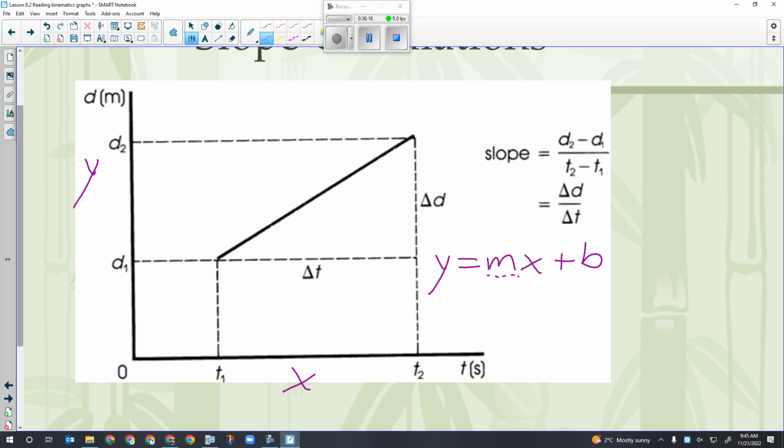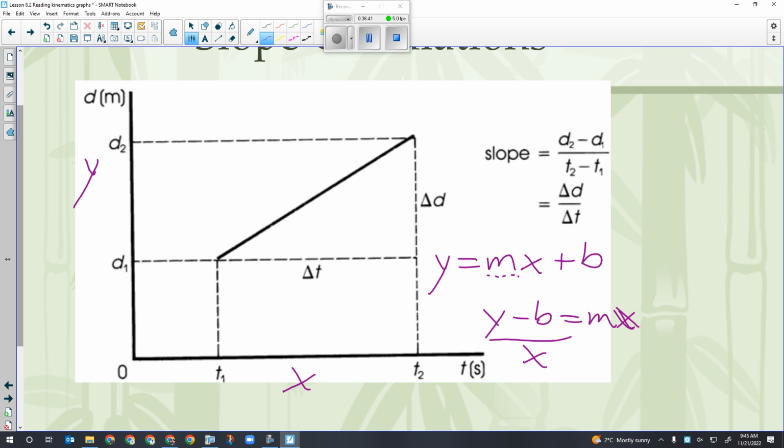If I want to solve for m, what do I do with b? Subtract it. Okay, and I want to get m by itself, so what do we do with x? Divide it. Okay, so now I'm solving for m.